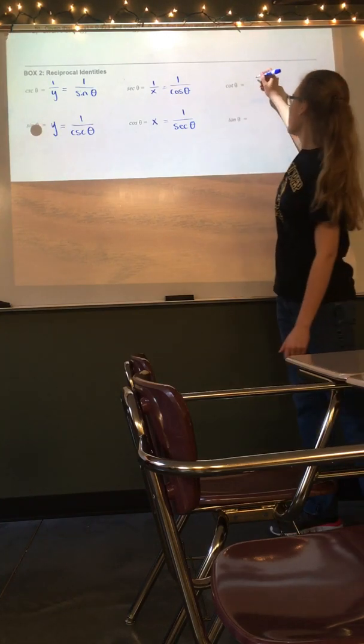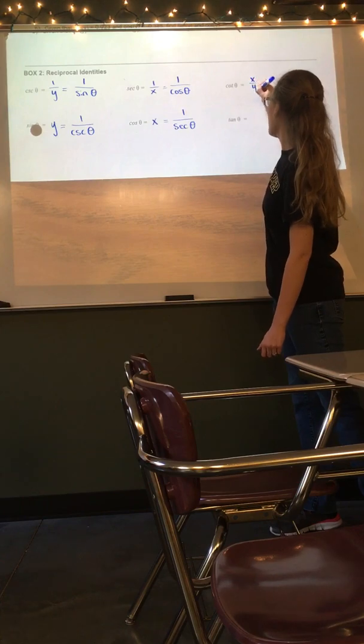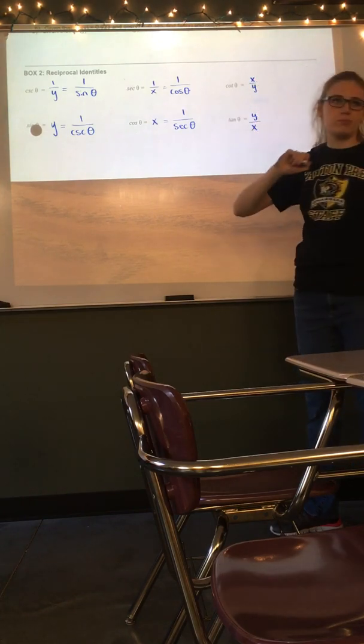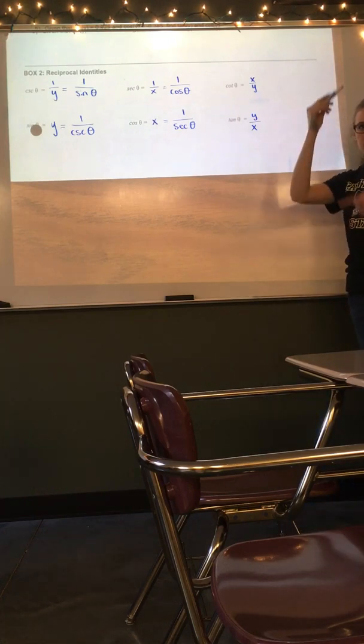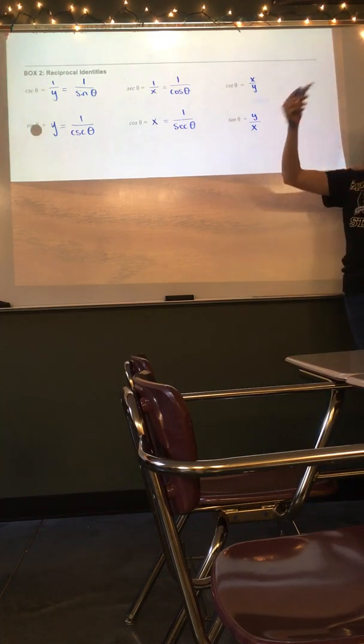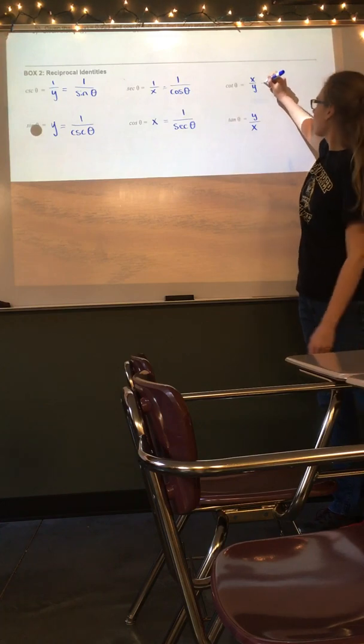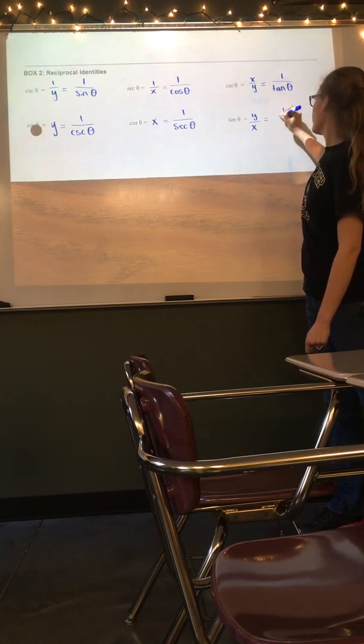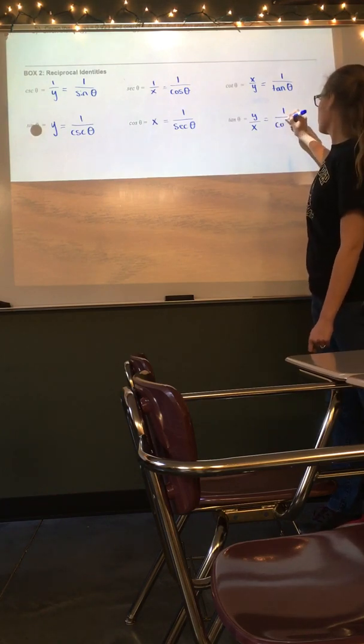And the last pair, cotangent is x over y. Tangent is y over x. Again, reciprocals, flip-flopped. So cotangent is 1 over tangent. Tangent is the reciprocal of cotangent.